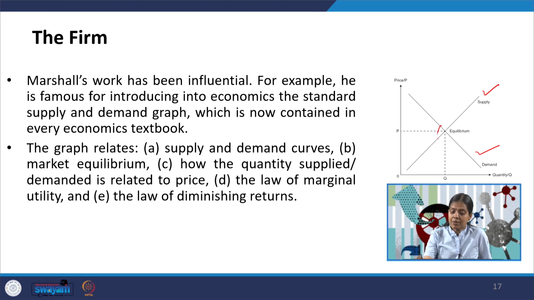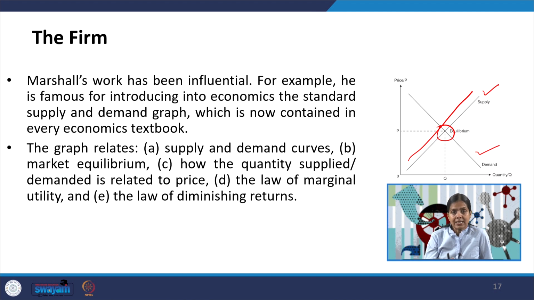Then there is this market equilibrium, showing how the quantity supplied or demanded is related to the price. A downward sloping demand curve indicates that price and quantity demanded actually move in opposite directions. Whenever there is a change in the price, the quantity demanded moves in the opposite direction. Similarly, an upward sloping supply curve implies a positive relationship.